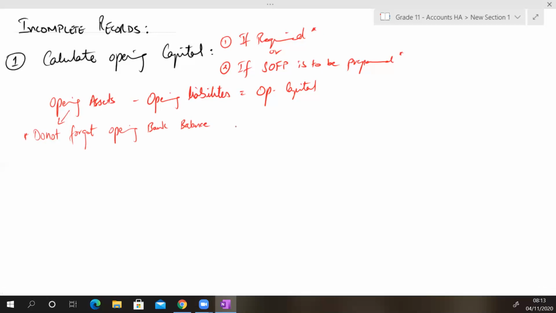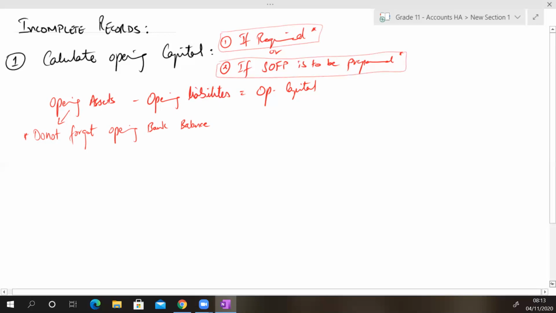But why would you calculate opening capital? Only if it is required, or if you have to prepare a statement of financial position.